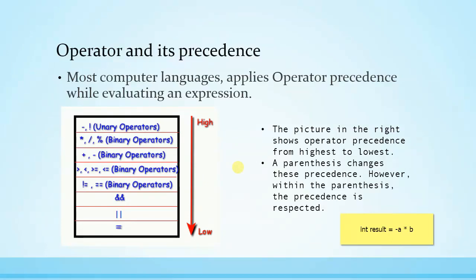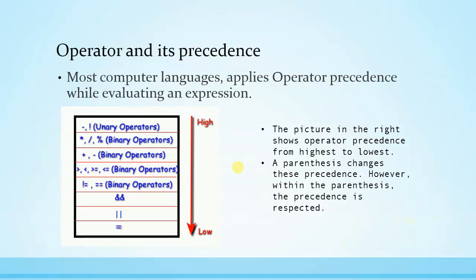The minus here operates on a single operand a, so we call this a unary operator in this situation. Once again, result equal to minus a into b. Here the minus preceding the a is a unary operator. So if we write result equal to a minus b, then minus here is a binary operator which operates on two operands, a and b.